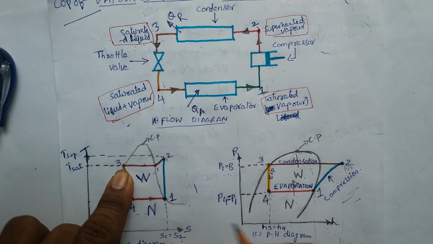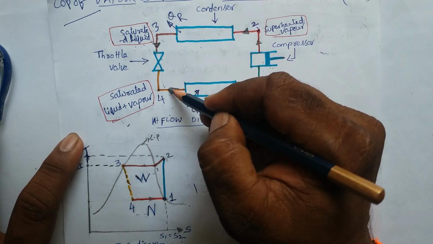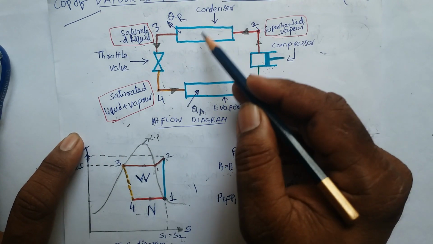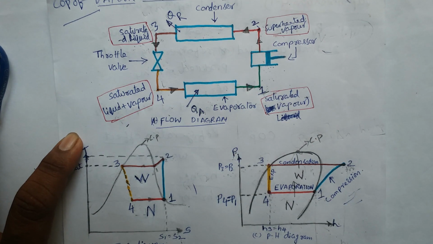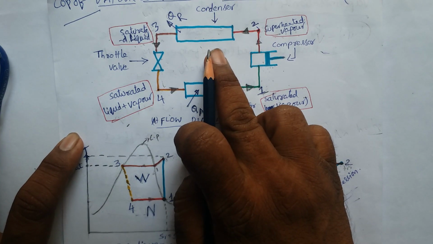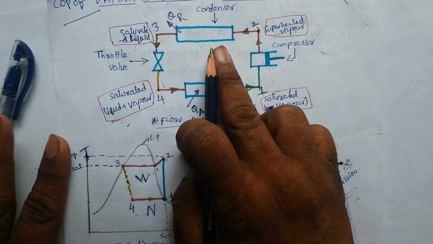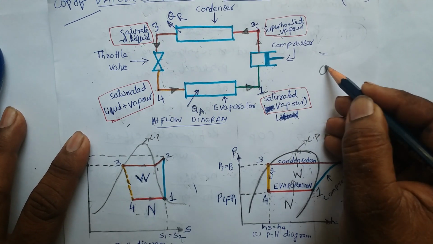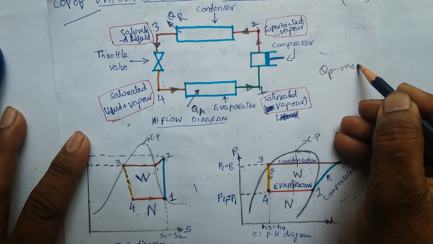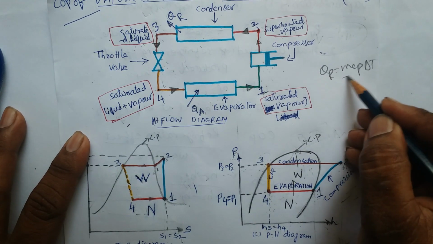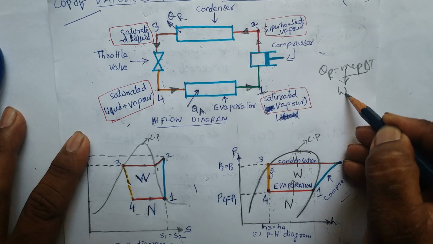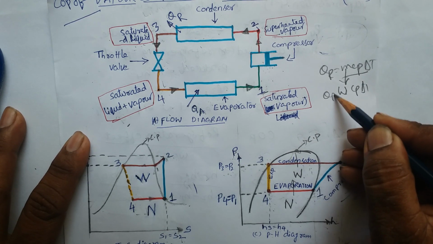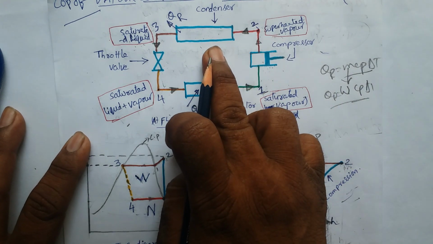If we use water as the cooling media, we can use MCp delta T. That means heat rejected is equal to MCp delta T. In place of M we can write the weight of water W into Cp into delta T, if water is used as the cooling media for the condenser.